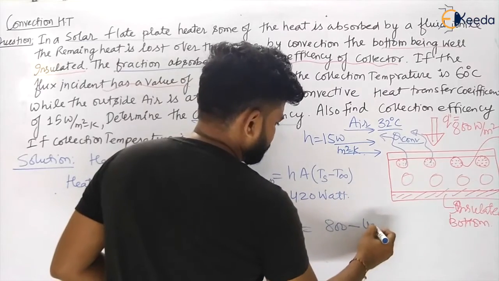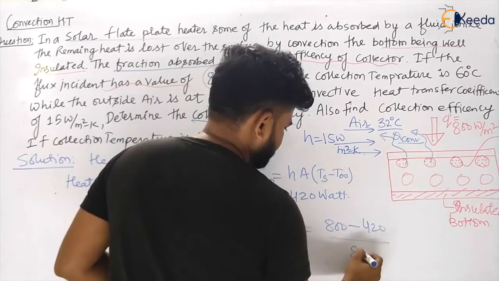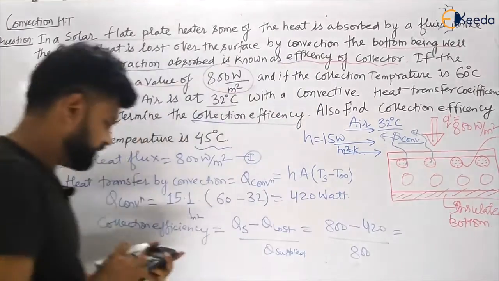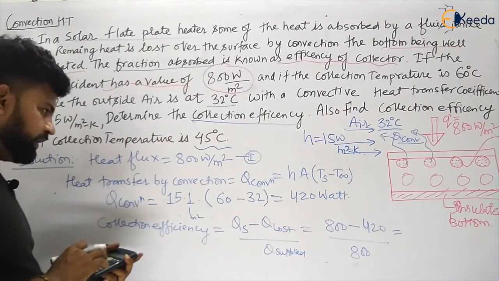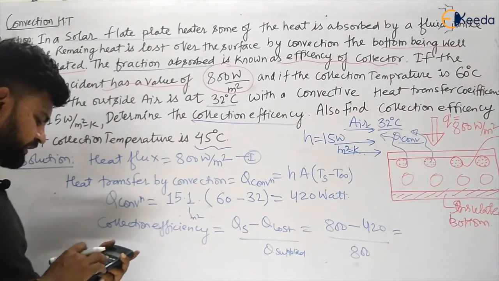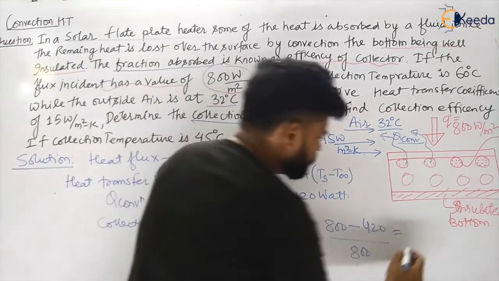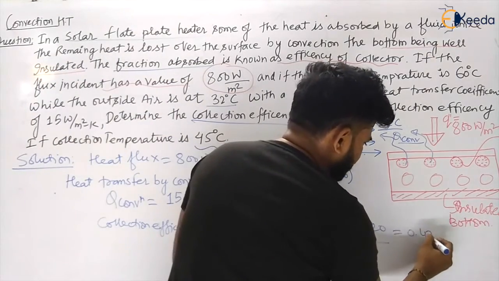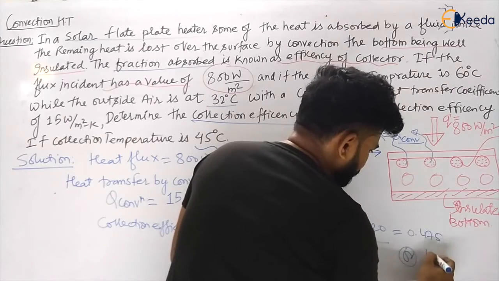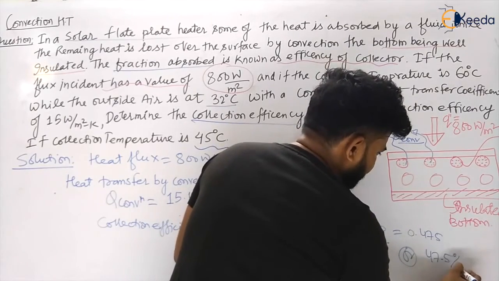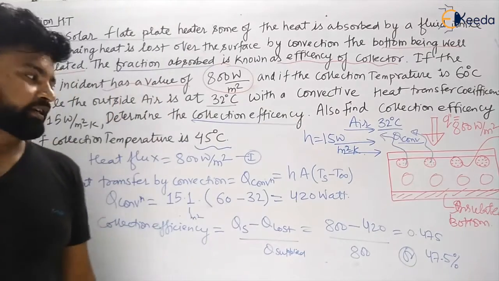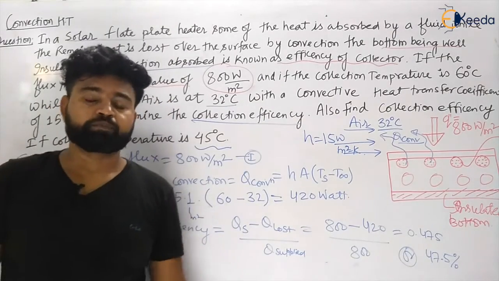Now 420 is lost, divided by 800. So this will become 800 minus 420 divided by 800. So my dear students, the collection efficiency will become equal to 0.475, or we can write it 47.5%. So this will be the collection efficiency, because some heat is lost.